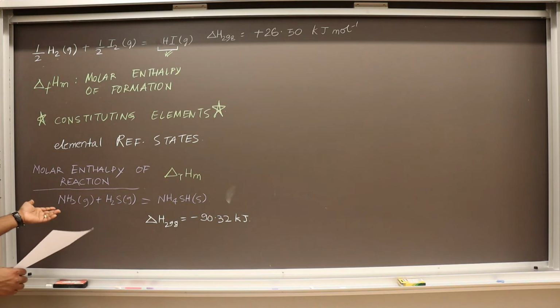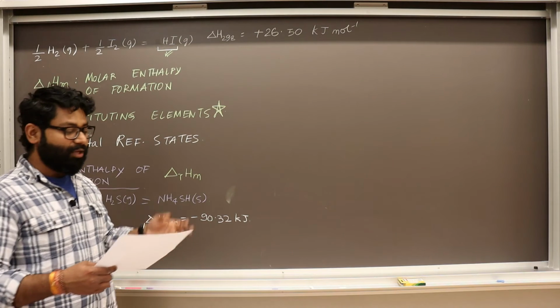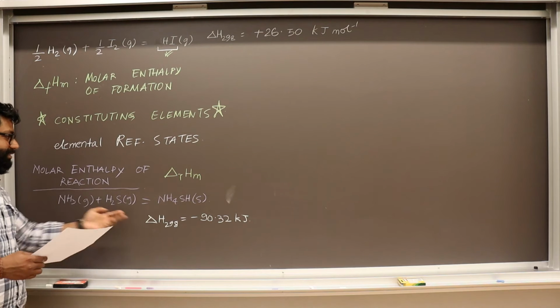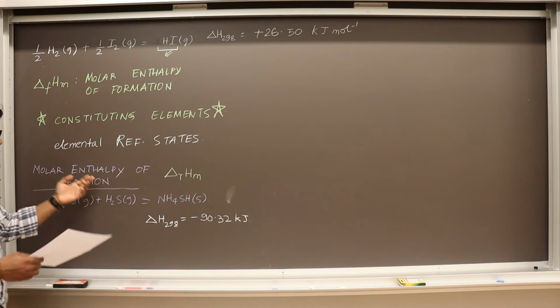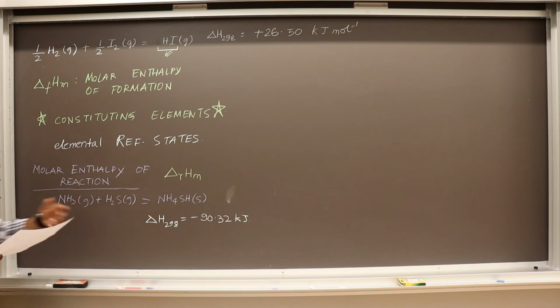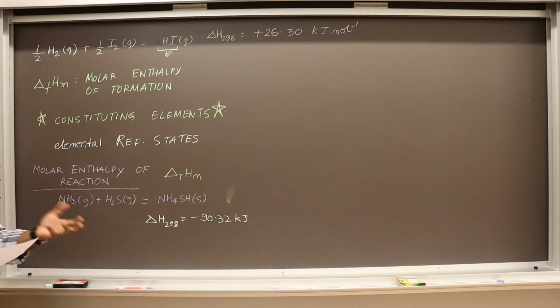For example, calcium carbonate could be dissociating into CO2 and CaO. That could be a reaction, and if you have a delta H for that reaction, that delta H becomes the molar enthalpy of that reaction. When 1 mole of the things is getting produced, it becomes a molar concept, where everything is on a per mole basis.